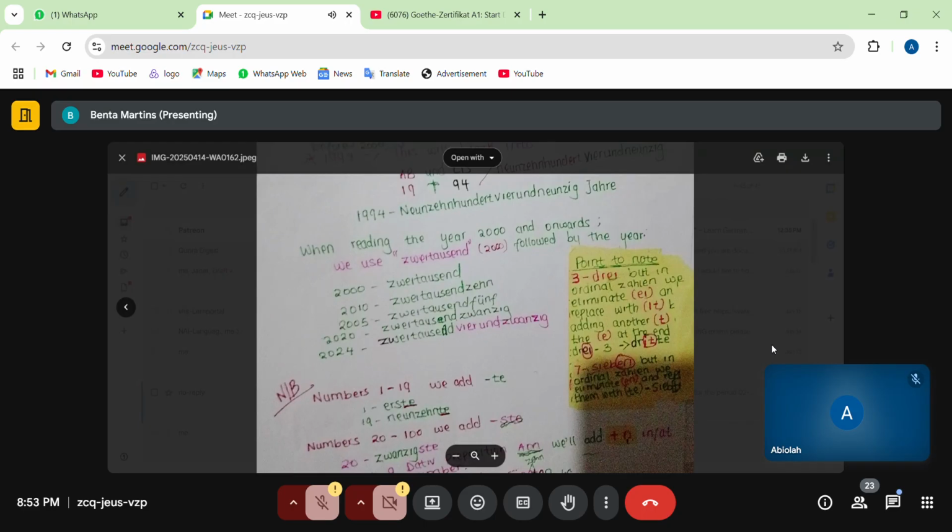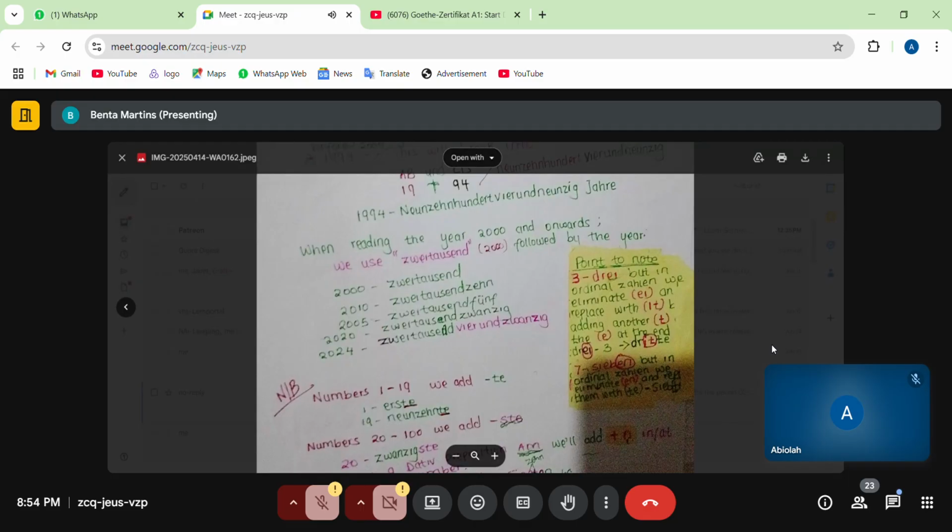In the cardinal numbers it is sieben, but in the ordinal numbers we eliminate EN and replace it with TE. So it's going to be siebte. From sieben to siebte.